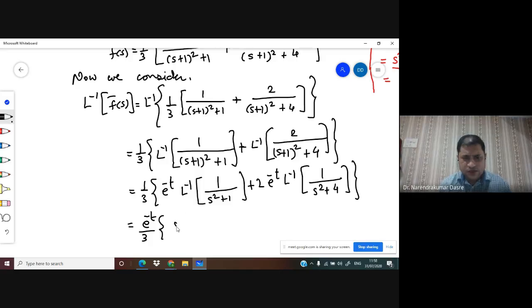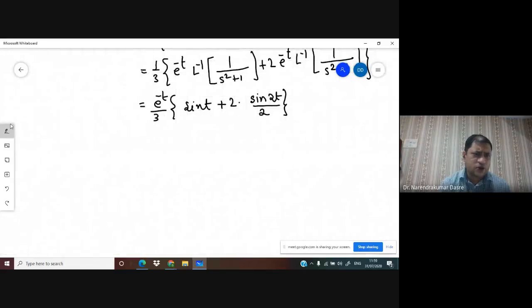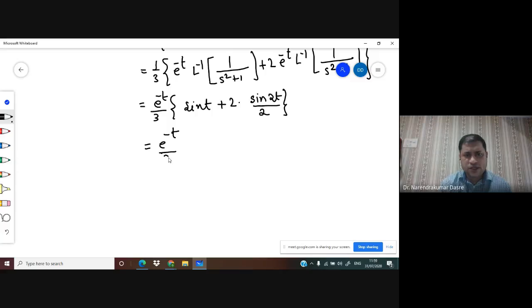Now the Laplace inverse of this is going to be sine t, plus 2 into the Laplace inverse of this, which is again going to be sine of 2t by 2. Okay, so this is what we are able to get. This is equal to e raised to minus t by 3, and here I have sine t.